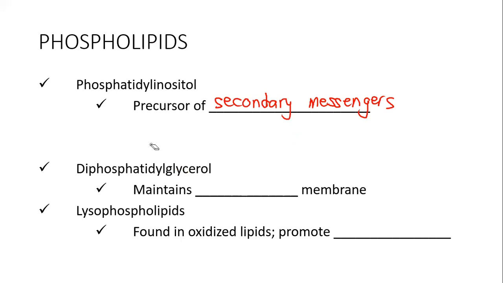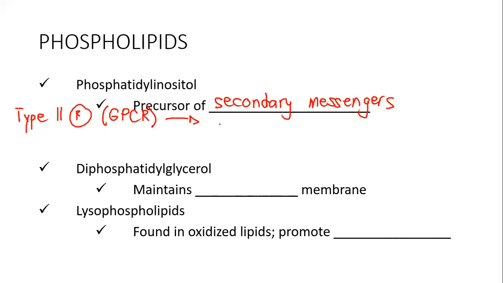Secondary messengers, these are chemicals that cause a cascade of signals leading to the generation of a certain effect. Okay, so it mainly involves the type 2 receptors. Type 2 receptors known as the G protein coupled receptor.